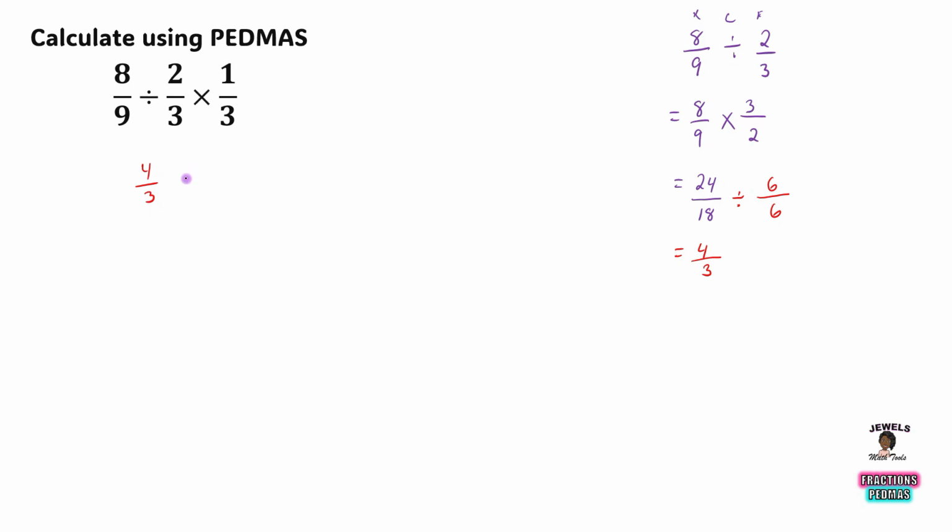Now, I am aware that for some of you looking at my 4/3, you realize that this is an improper fraction. And you're probably wondering why I did not switch my improper fraction to a mixed fraction before I began my multiplication.